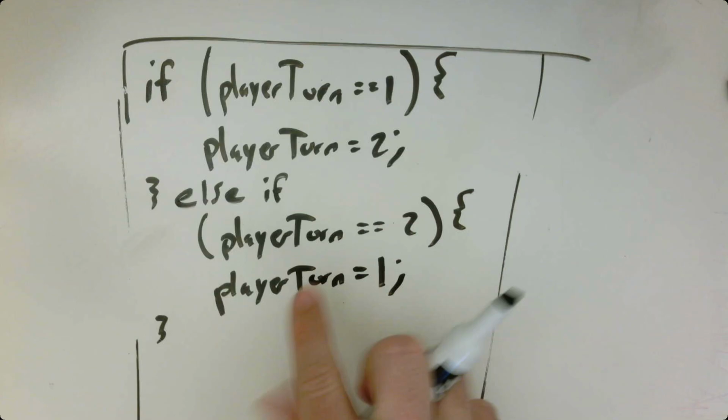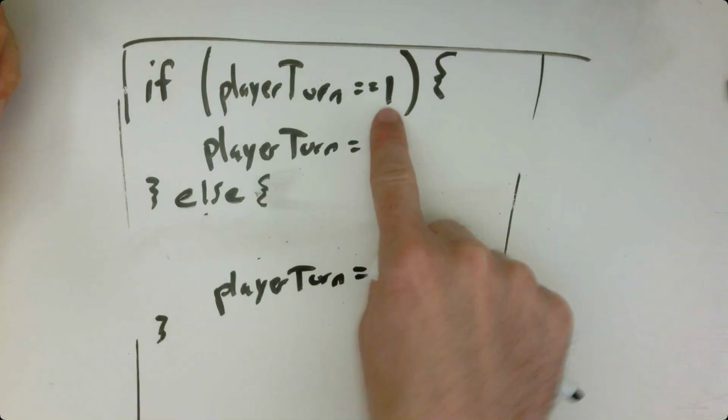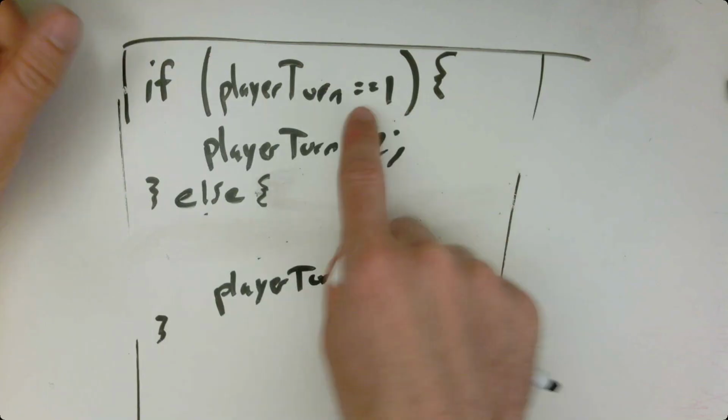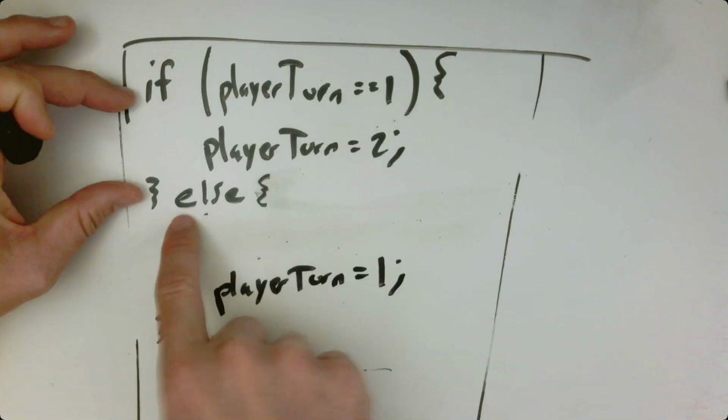So now let's do the same code tracing. Let's pretend that player turn contains 1. So we say, if player turn equals 1, the answer is yes, because we were imagining that it contains 1. So now we put the number 2 in it, and we're done with the whole code block. We don't evaluate else, because else is what you would do if that statement was not true. So we have successfully swapped the number inside player turn.